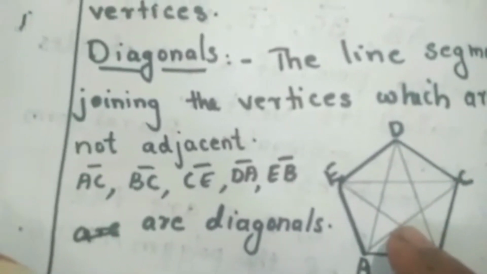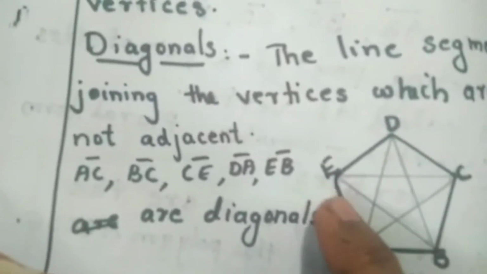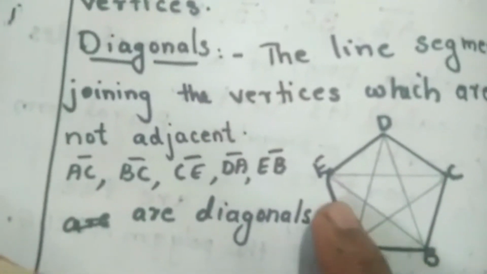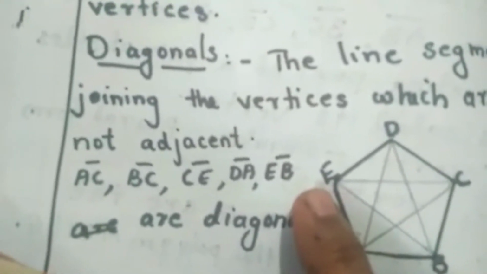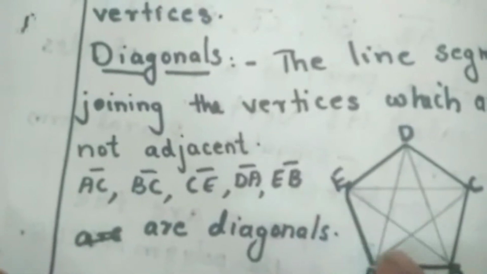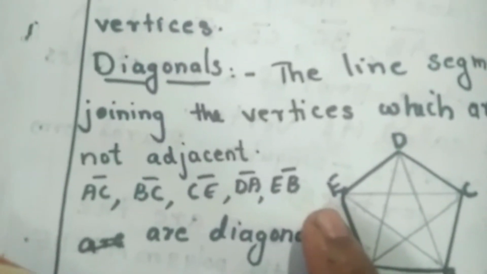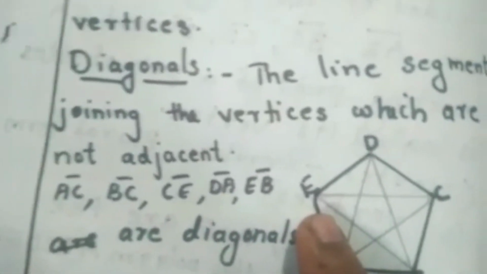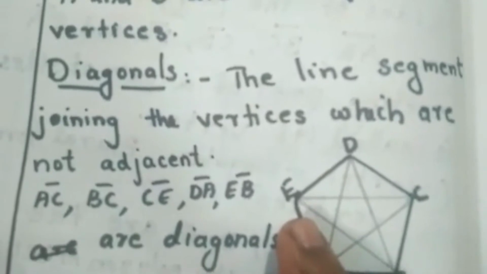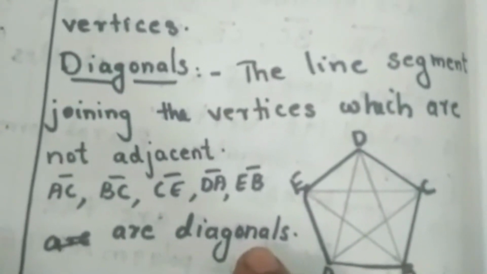So this line segment AC is a diagonal. Here you can also see a line segment joining B and E. B and E are not adjacent vertices, so we can join them with a line segment called a diagonal. So a diagonal is the line segment joining the vertices which are not adjacent.